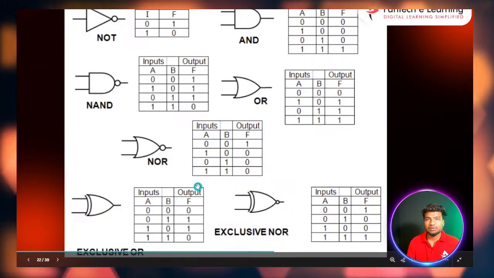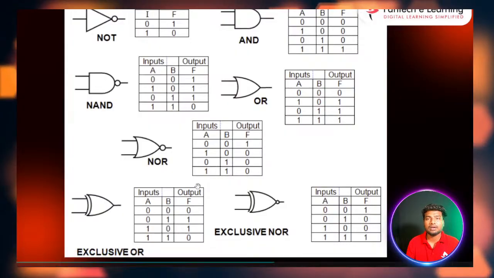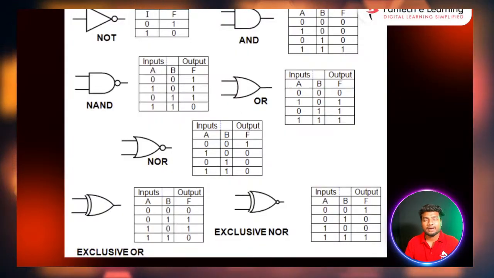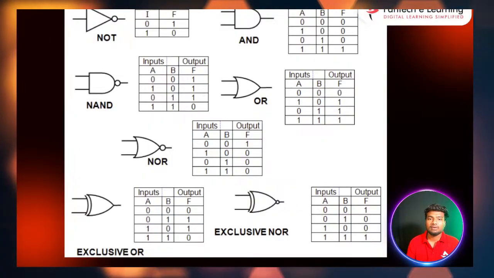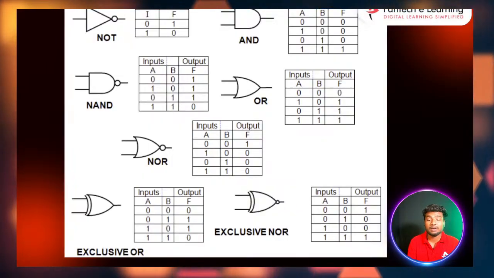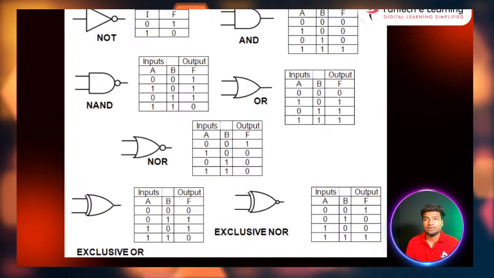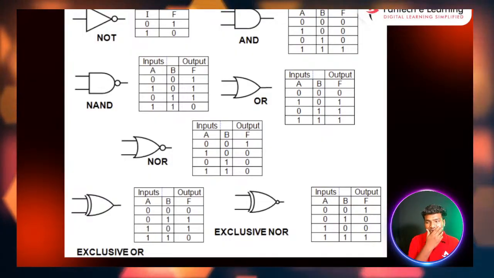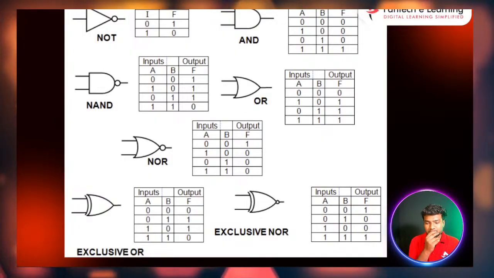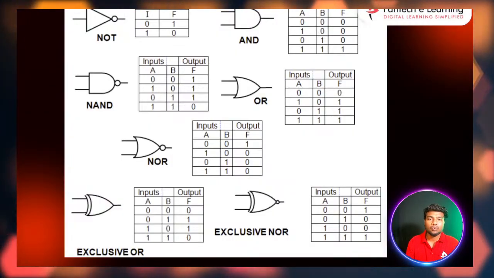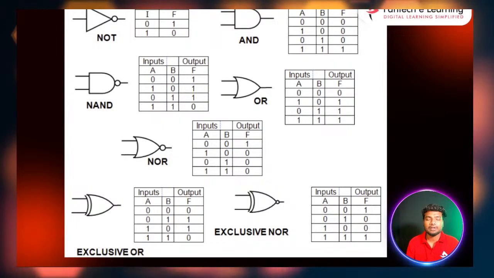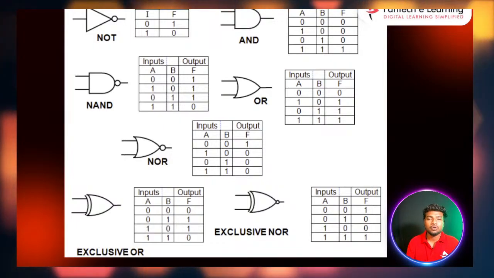For example, if you are a college student in the final year preparing for interviews, the interviewer will ask tricky questions based on gate functionalities. For example, you have one room, and that room has two keys.